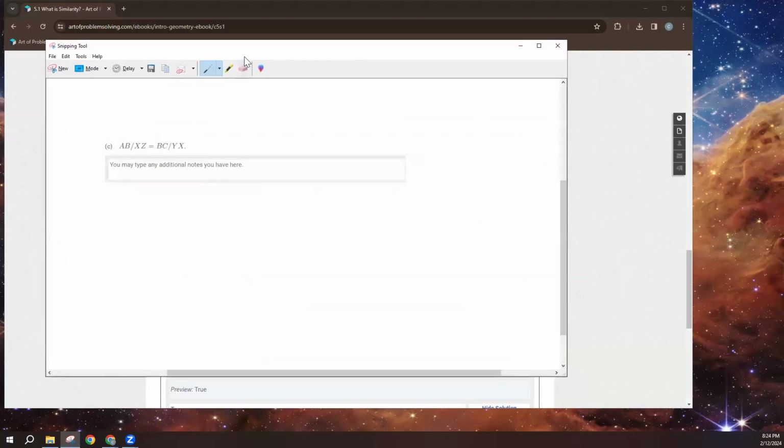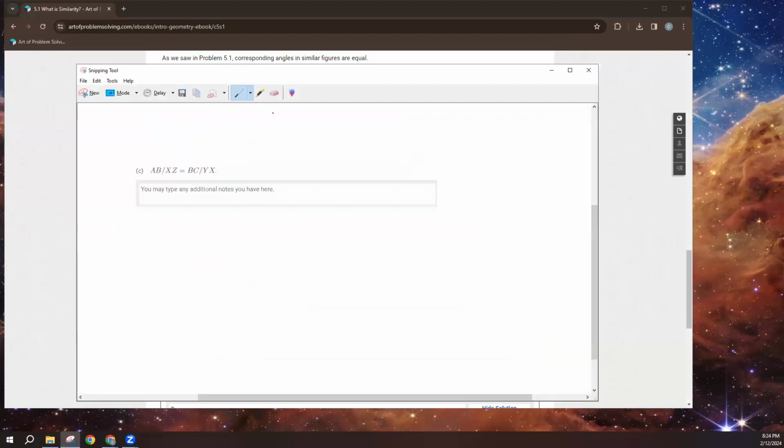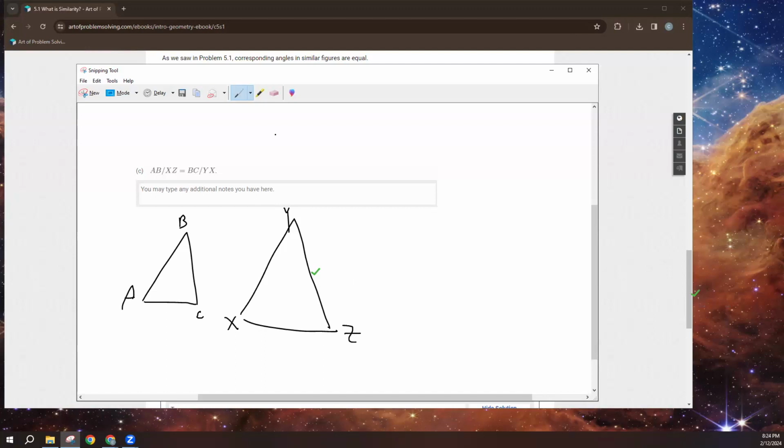So once again, it's our ABC triangle. I could have kept the previous one, but same thing if we were to sketch it out. We've got A, B, C, and this was X, Y, Z.